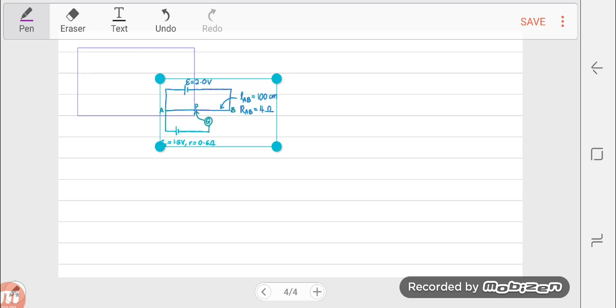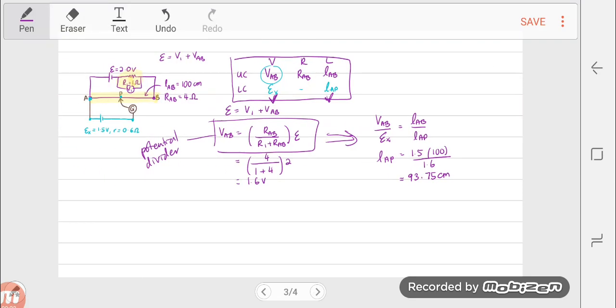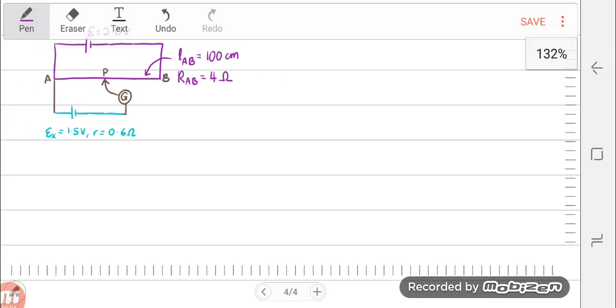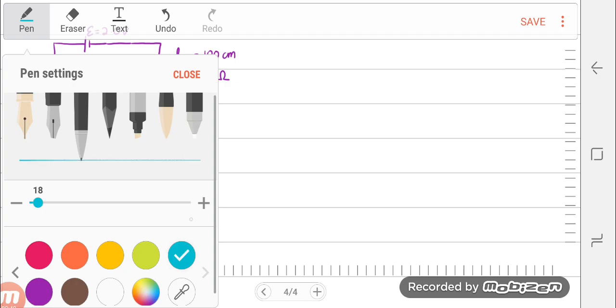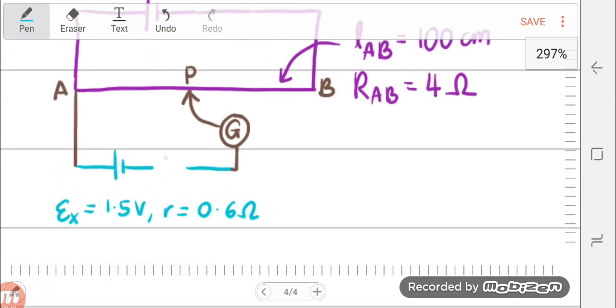So for question number 3, for question C, the question this time is changing the resistor at the upper circuit, and we have to change it to the lower circuit. This time the R1 is shifted to the lower part here.